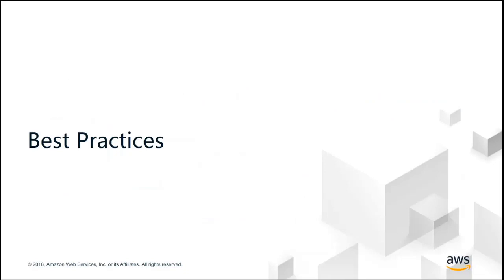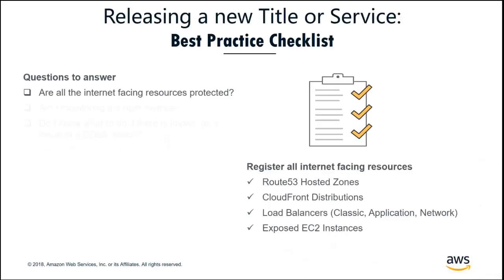So now I'm going to cover some best practices and what are the steps that you can take today to make sure that whether it's a new title you're launching or a game that you maintain now is protected from DDoS attacks using AWS Shield Advanced. So the first kind of checklist is, are all the internet-facing resources protected?